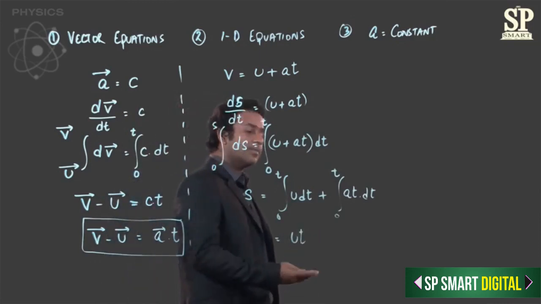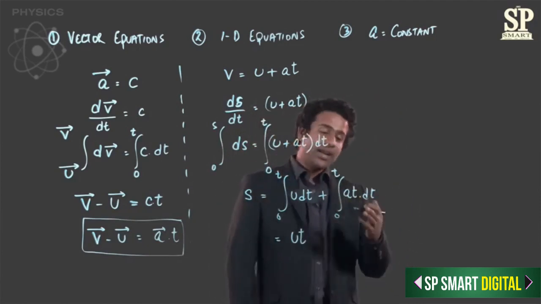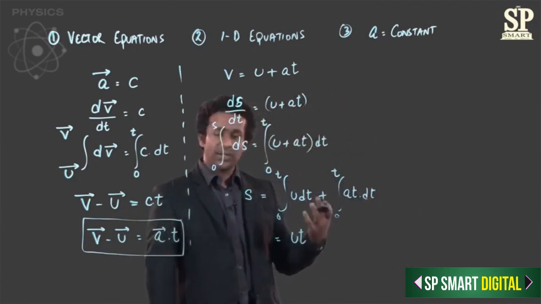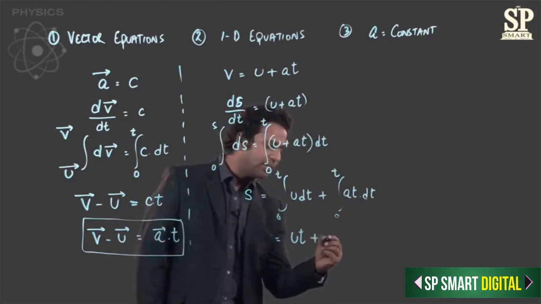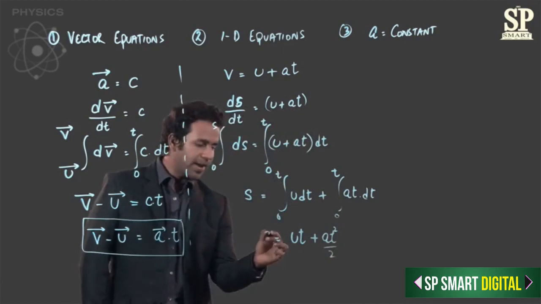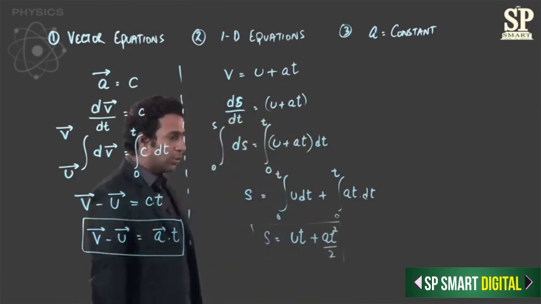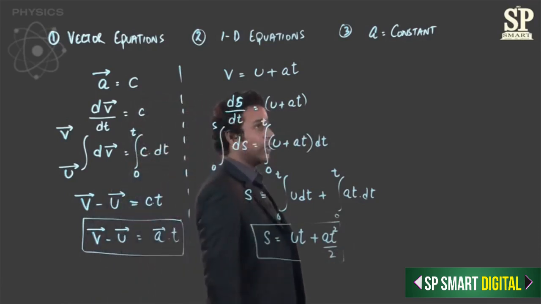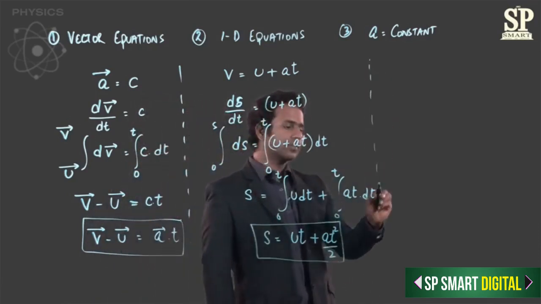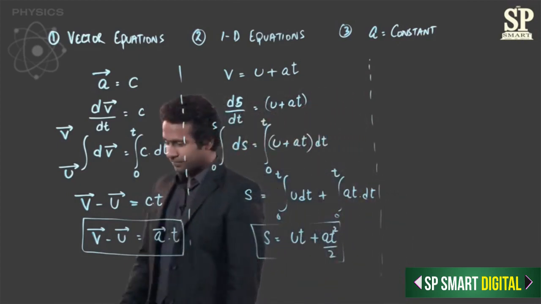For the second term, acceleration is a constant because that is the assumption we are working under, and t dt would give you t square by 2. So the second term becomes at square by 2, and hence you have s as ut plus at square by 2. And you know that this is the second equation of motion.